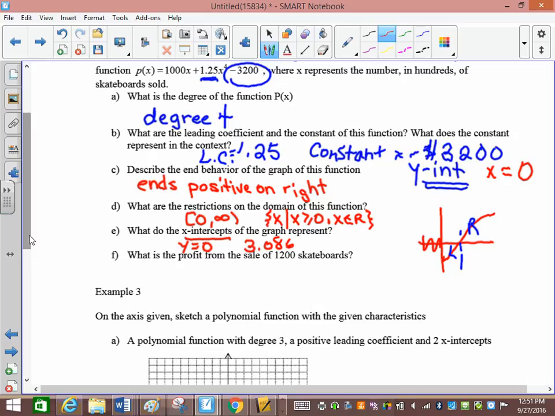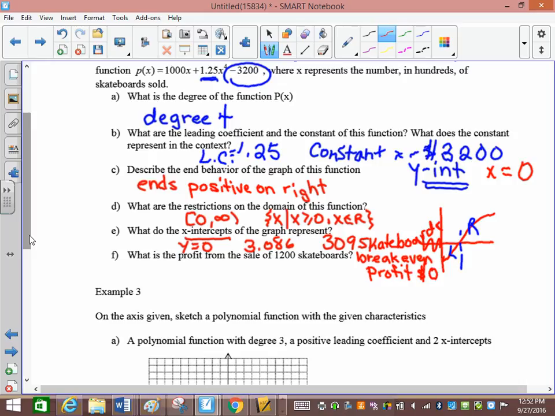You actually need 309 skateboards to get you to round it. 309. See where you break even. Or you could say profit $0, right?